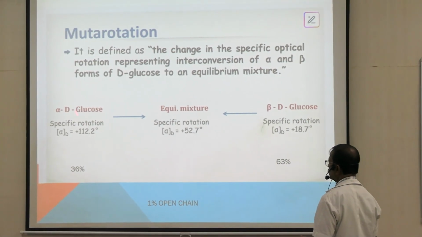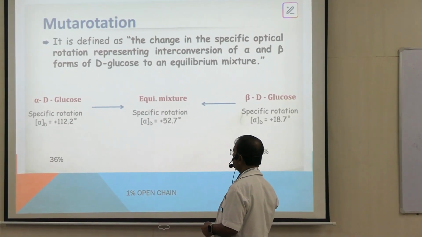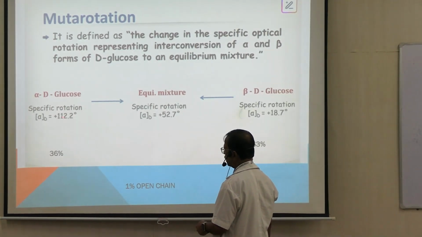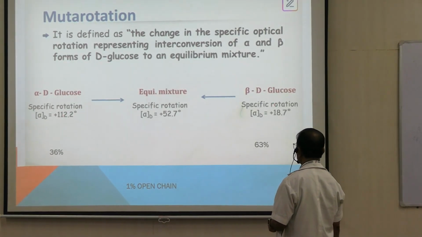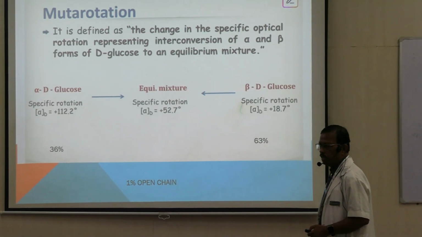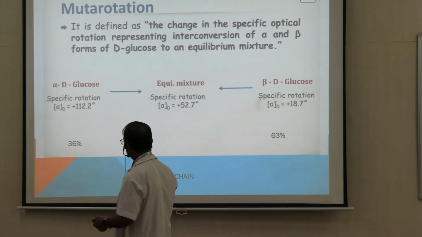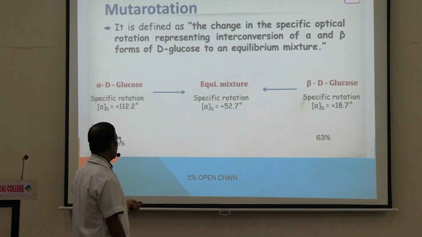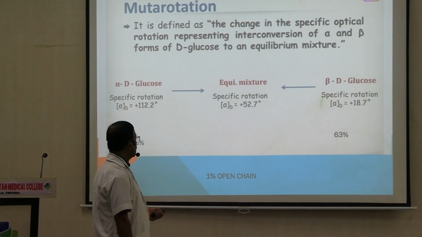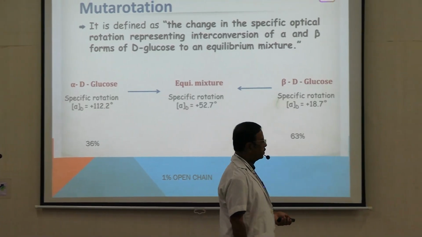So in glucose, alpha D glucose and beta D glucose are the anomers, and they have specific rotation. In case of alpha D glucose it is plus 112, in case of beta D glucose it is plus 18. So when it is in mixture, there is exchange of alpha and beta glucose, and it comes to an equilibrium, and at that time the specific rotation becomes plus 52.7.